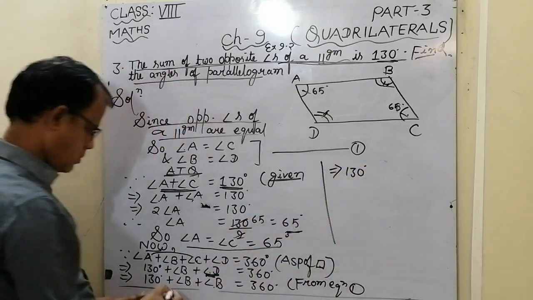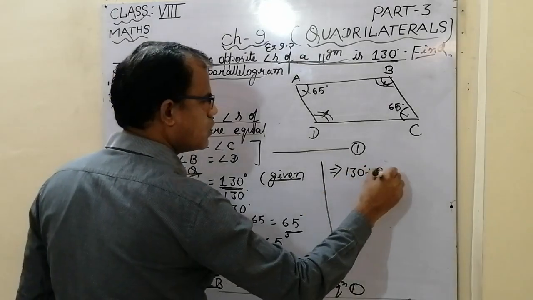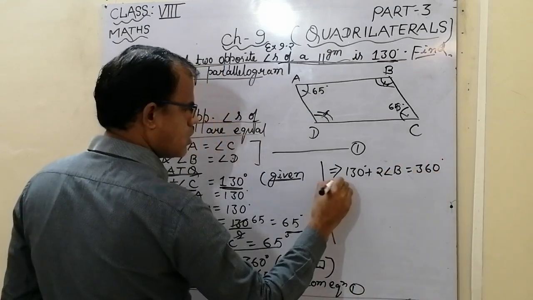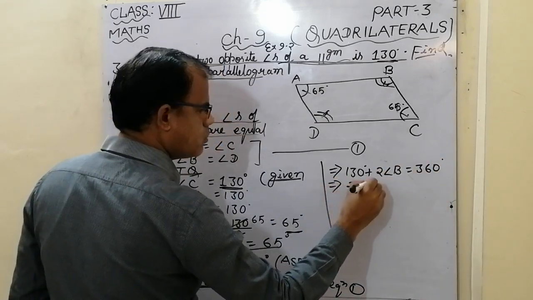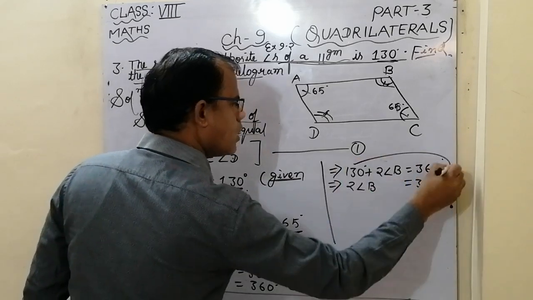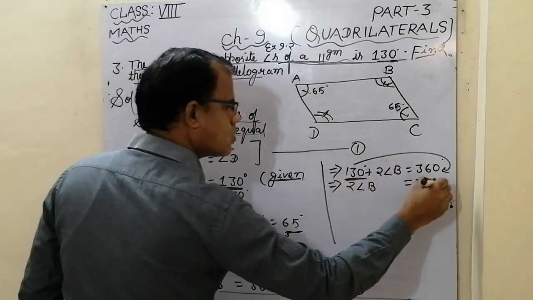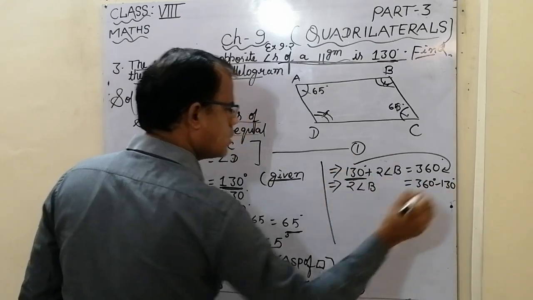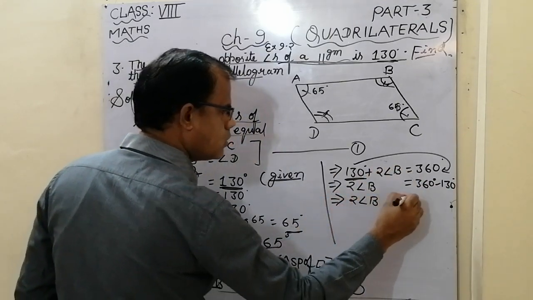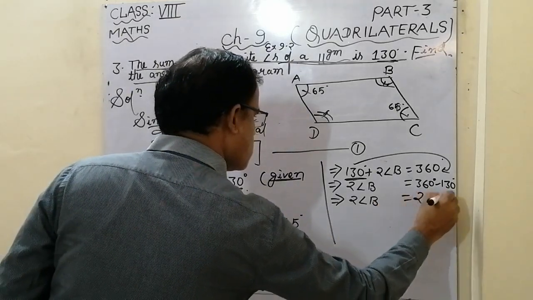So 130 degrees plus angle B plus angle B, which becomes 2 angle B, equals 360 degrees. Moving 130 to the RHS, it becomes minus 130 degrees. So 2 angle B equals 360 minus 130, which is 230 degrees.